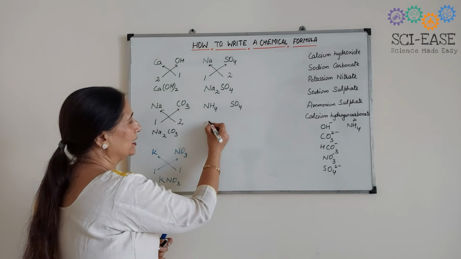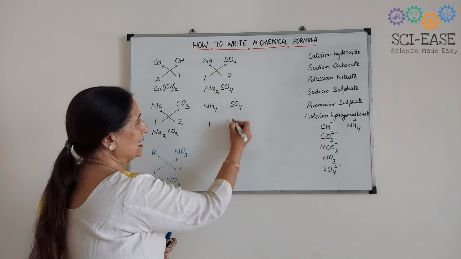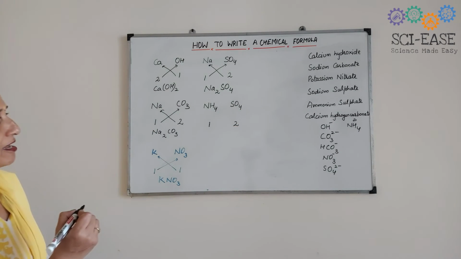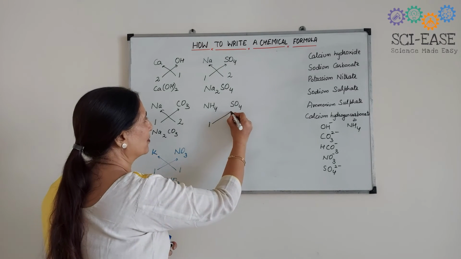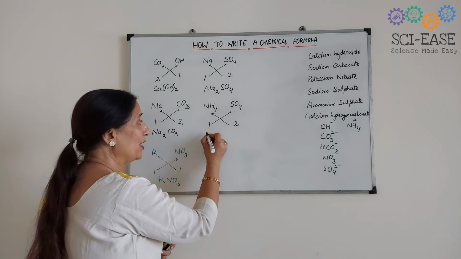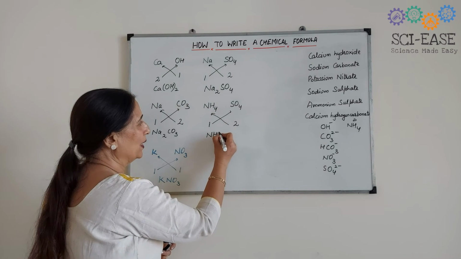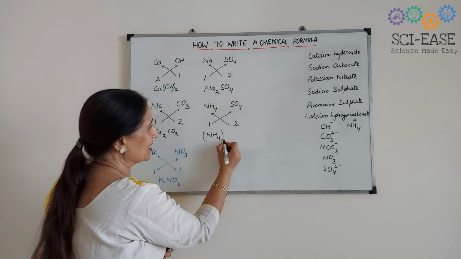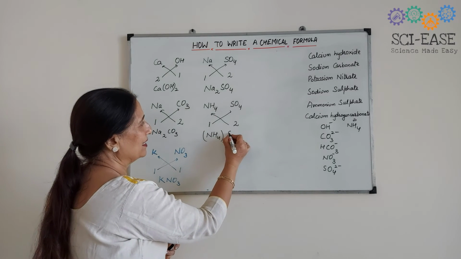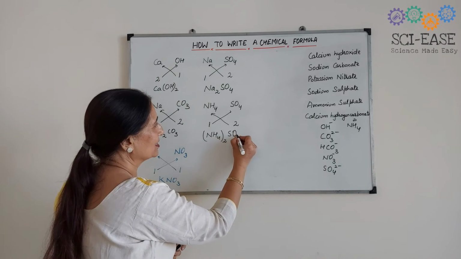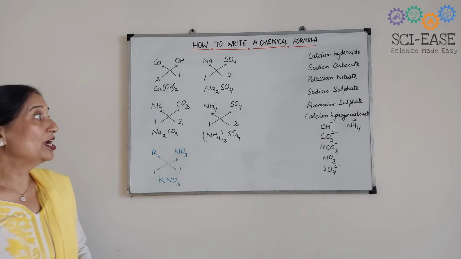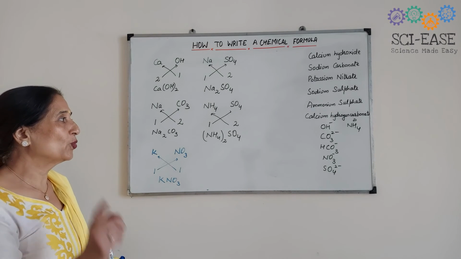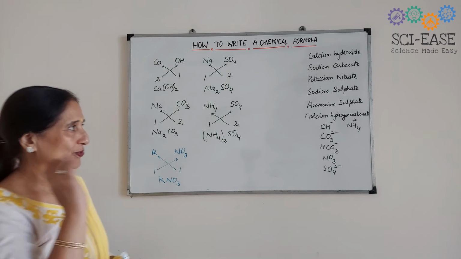Ammonium has 1 and sulfate has 2. So crisscross it. Now here again you will put this ammonium in the brackets and write 2 here, and here it is sulfate, SO4.